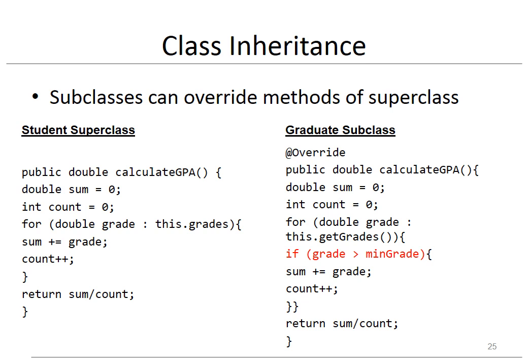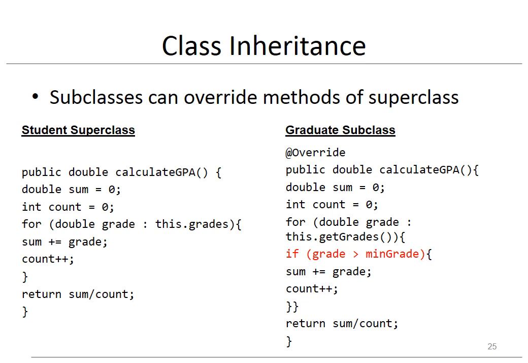You can see an example illustrated. Let's say the student class has a variable grades, which is an array of student grades. The calculate GPA method then simply calculates the average of the grades, as you can see. Now suppose graduate students only get credit for grades above a certain minimum. For example, only 80% and higher are accepted, and courses with a grade below 80% must be repeated.